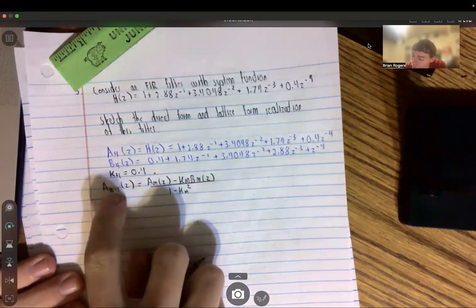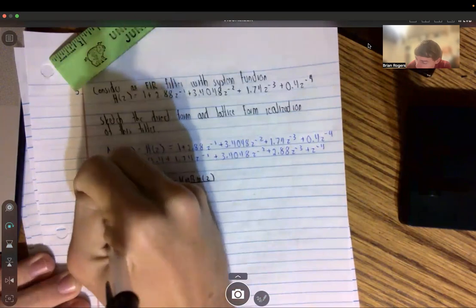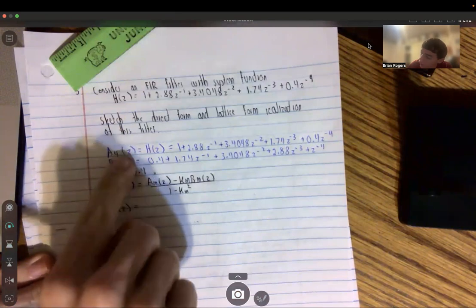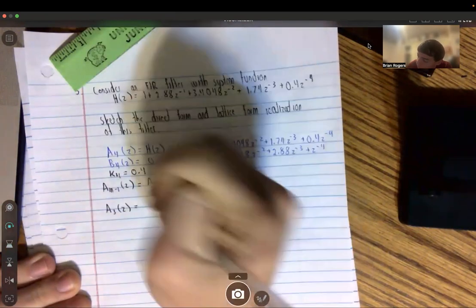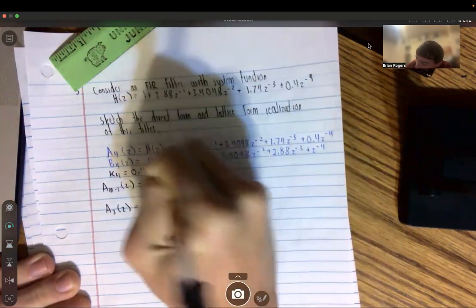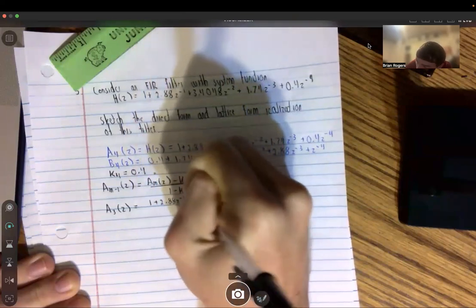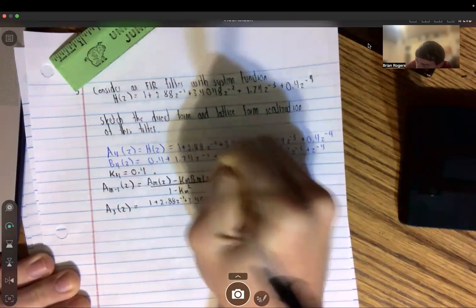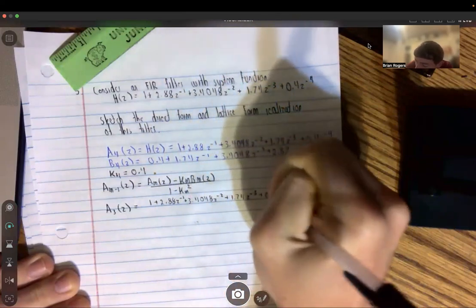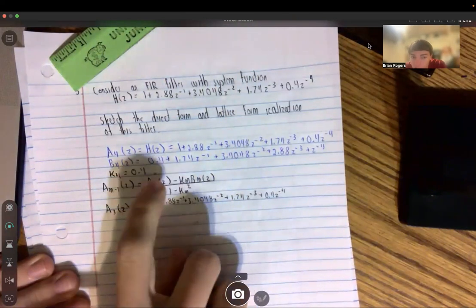In order to determine A3, A3(z) is going to equal A4(z), and our A4(z) here is 1 plus 2.88z^-1 plus 3.4048z^-2 plus 1.74z^-3 plus 0.4z^-4. And then it's minus k_m, which is minus 0.4.